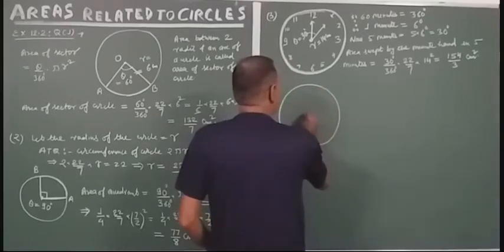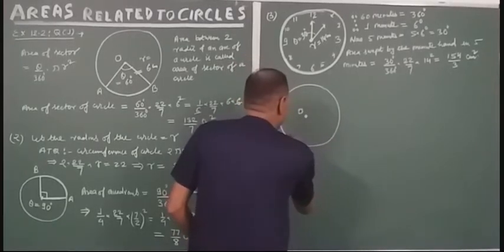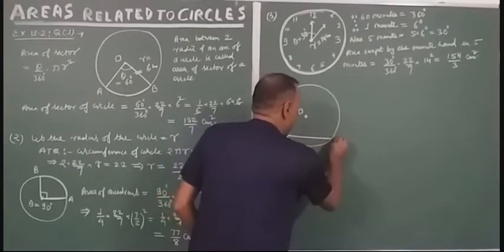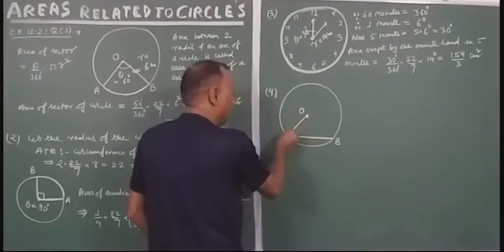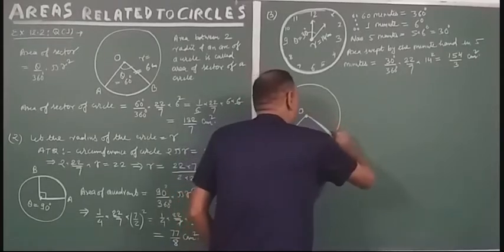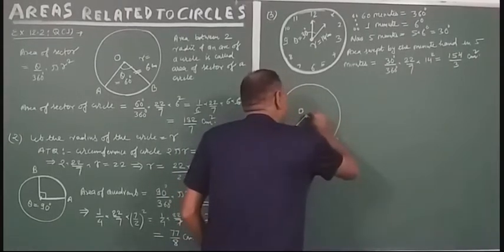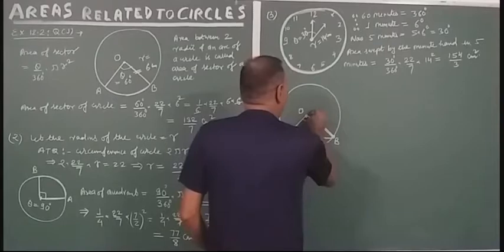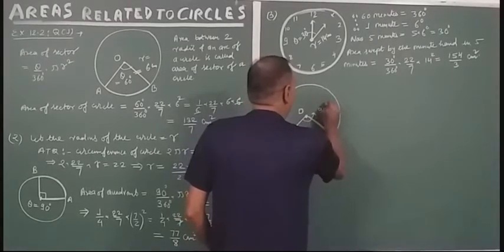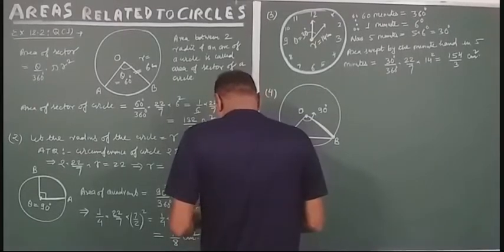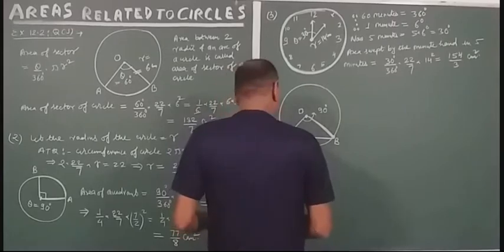This is the center O, and let this be the chord AB. It subtends a 90 degree angle at the center of circle. This angle is 90 degree. The question is: find the area of the corresponding minor segment and major segment.